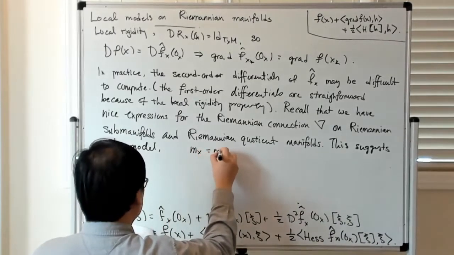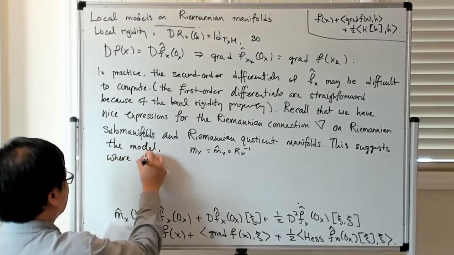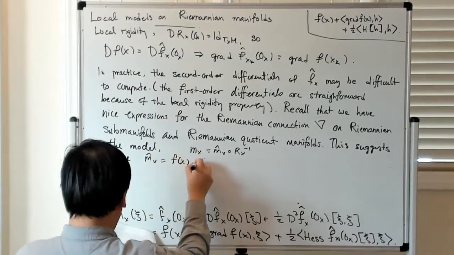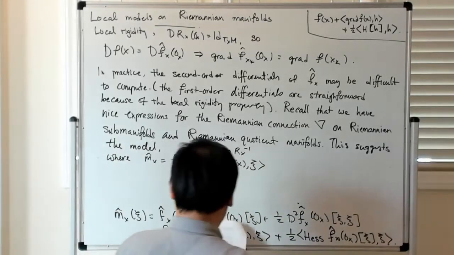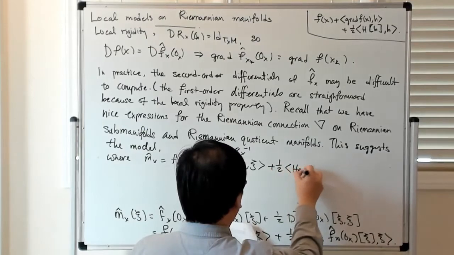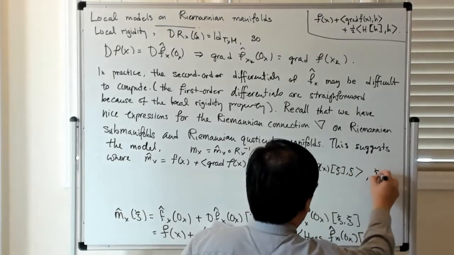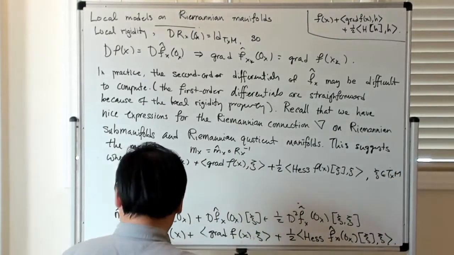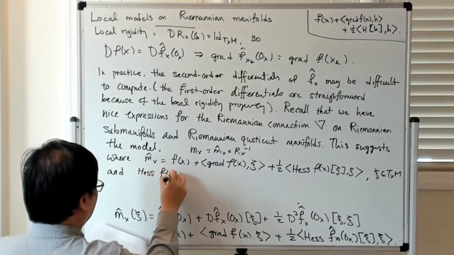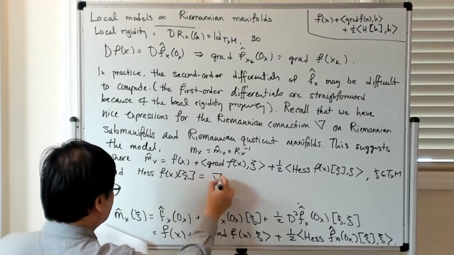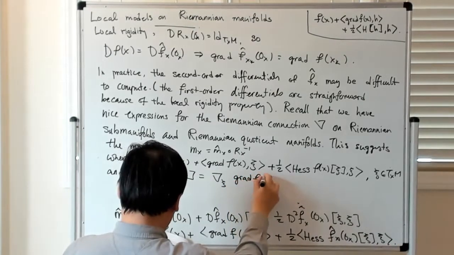Again, mx is equal to m hat x composed with Rx inverse, where now m hat x is equal to f of x plus the inner product of the gradient of f of x with c, plus 1/2 the Hessian of f of x, c, c, where c is in the tangent space at x to the manifold M, and where the Hessian of f of x applied to c is equal to the covariant derivative in the c direction of the gradient of f of x.